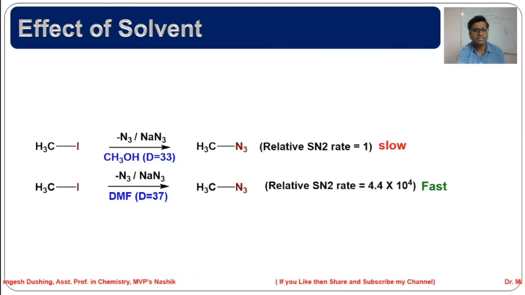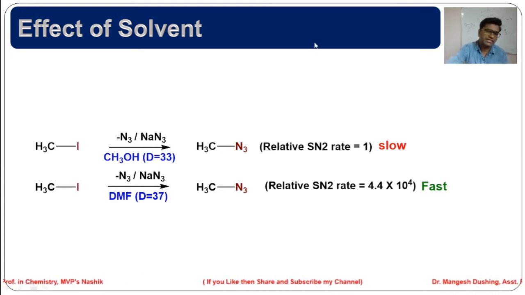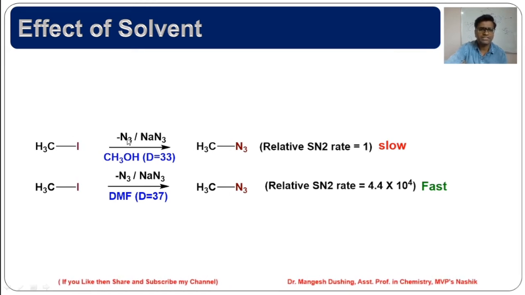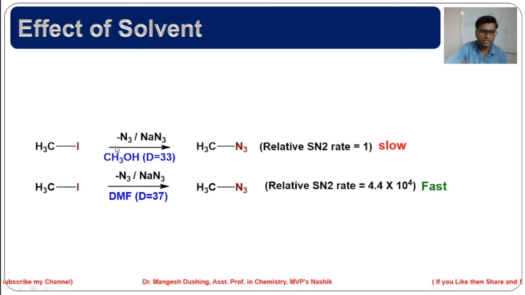For example, we will see this reaction with azide. This is the source, sodium azide. Iodine is the leaving group, and azide acts as the nucleophile. If we use methanol as the solvent, the dielectric constant is 33, and this is a polar protic solvent.